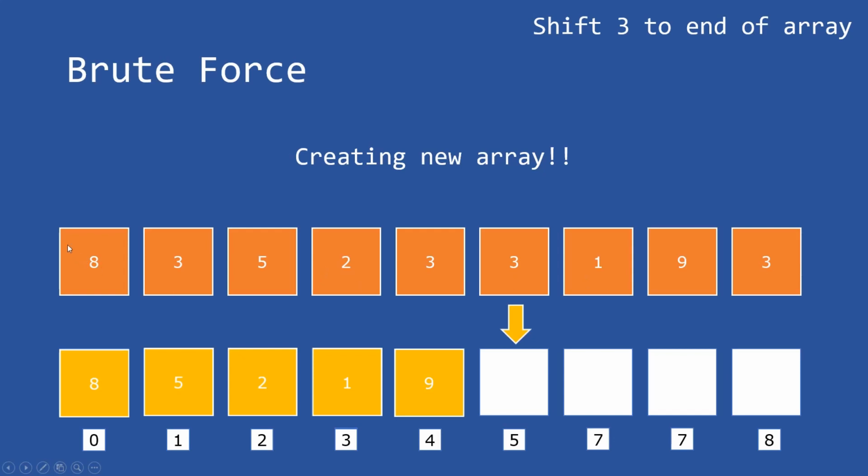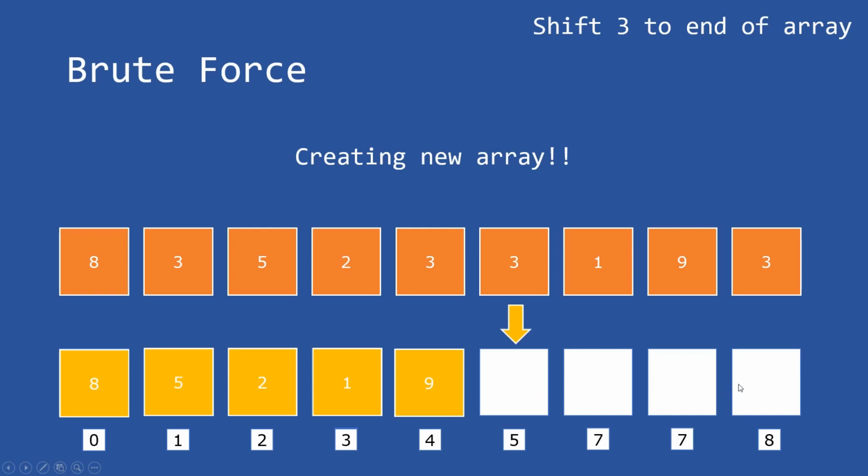Now if you see, as we complete the loop in this original array, this pointer will be pointing to a position in the new array from where you need to start filling up this new array with threes. So if you see over here, exactly 4 spaces are left from this pointer.